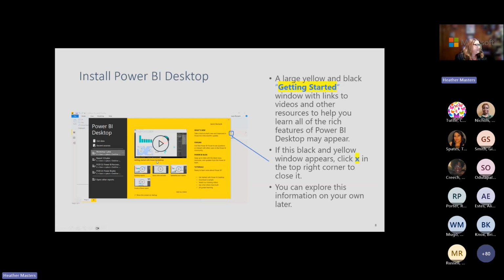You'll see this getting started with Power BI Desktop video, and then different reports: building reports, query view concepts, uploading your reports, and create a phone report. This is just the first time startup screen. You can hit the X in the window here to close that screen.